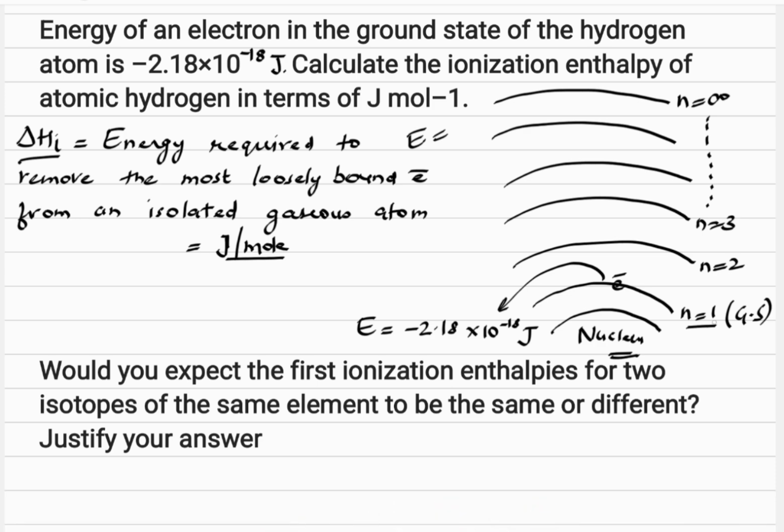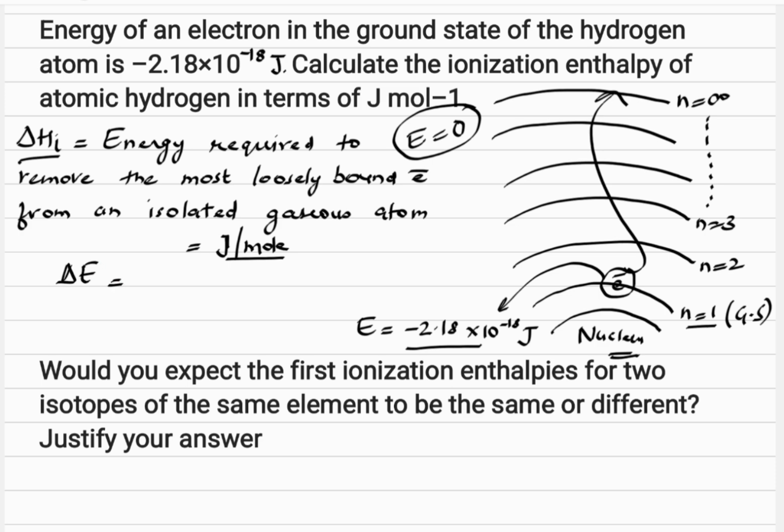Now energy for n equals 1 is given, that is minus 2.18 times 10 raised to the power minus 18 joules. For n equals infinity, the energy is 0. Now let's see how much energy would be required if the electron needs to go from the ground state all the way to n equals infinity.